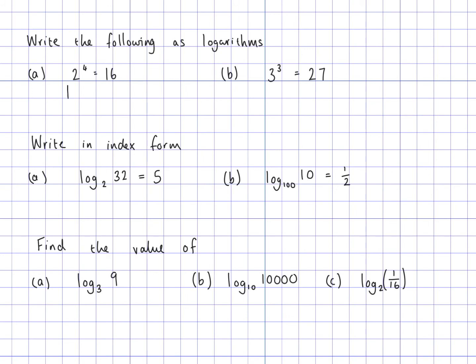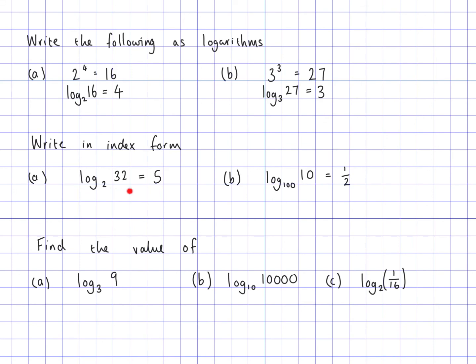So this would be log of 16 with base 2, and the value for that would be 4. Notice where the 4 goes here, 16 comes here, and the base is here. I'll do the same again here. So this time it will be log with a base 3 of 27, and the value is 3, because this is what the power is. That will go there.